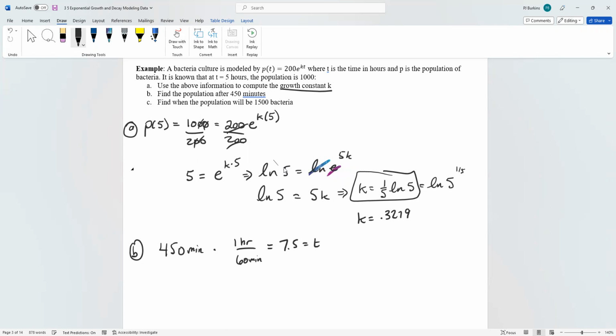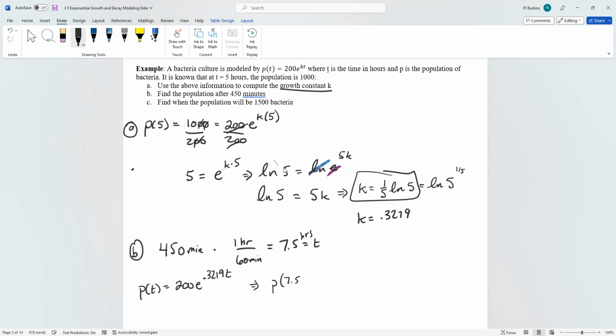Okay, so that is the t that we're using for part B. So 7.5, and I should write hours here. All right, so we just need to plug that into the model now. So P of t, right, was 200 e, and we have K now, which is 0.3219 times T. And because we have T now, we can go ahead and plug that in.